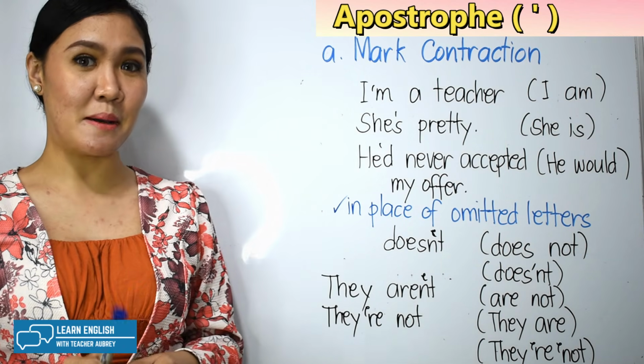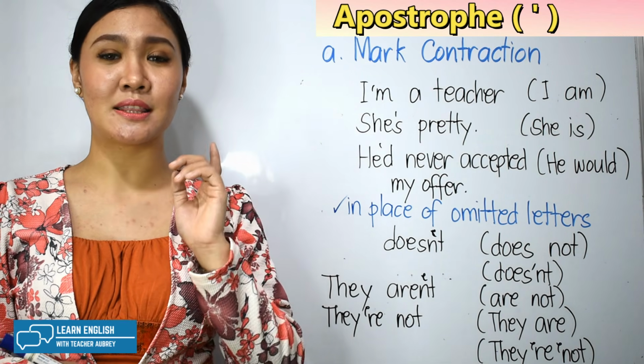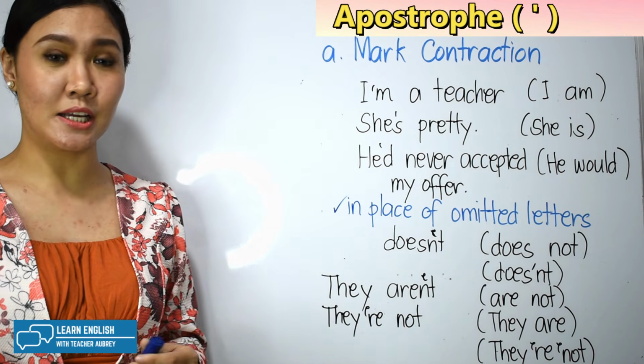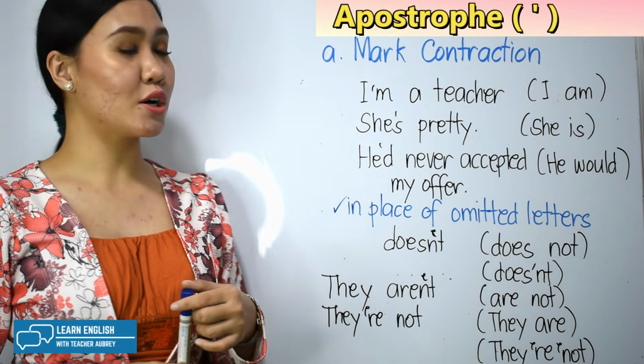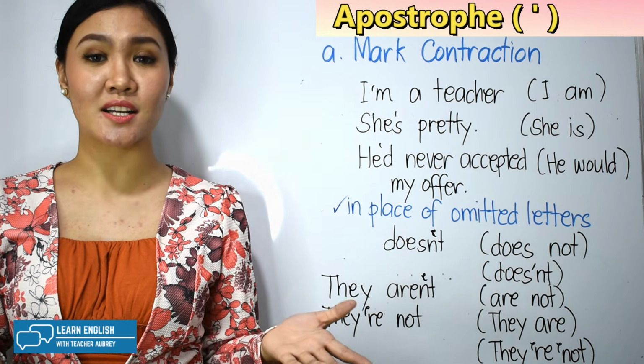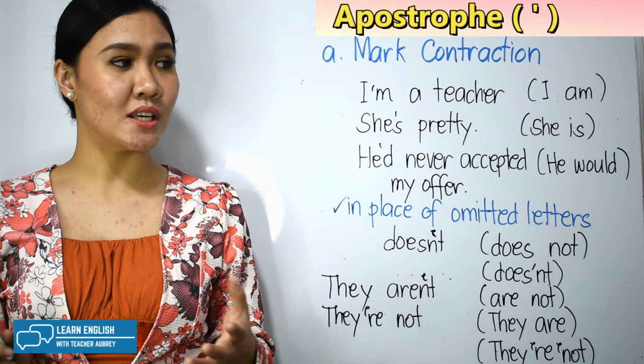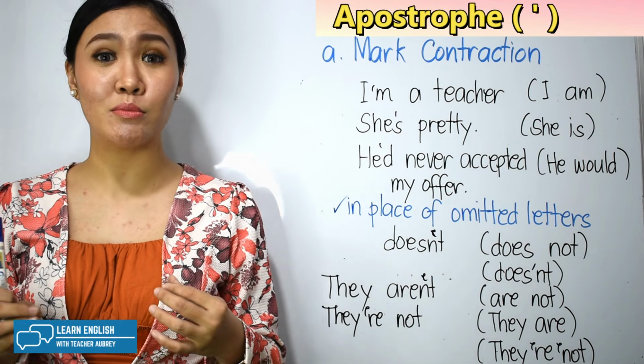At dapat ay malaman natin, simple lang naman, dapat tandaan lang natin kung paano sila gagamitin. Firstly, ginagamit ang apostrophe to mark contraction. What is contraction? Contraction is yung pinaikling version ng dalawang salita.